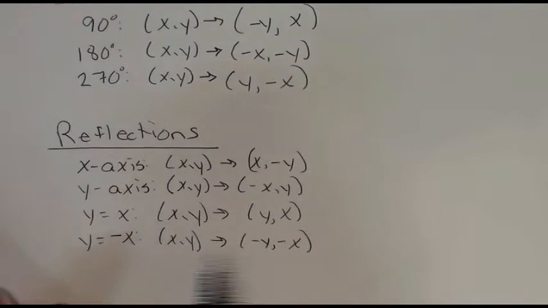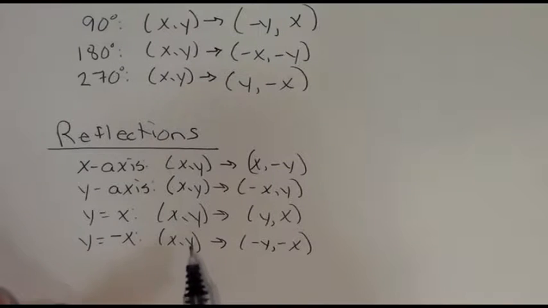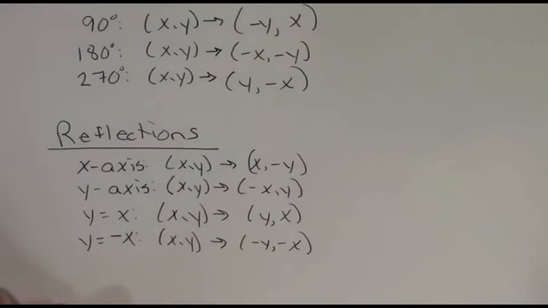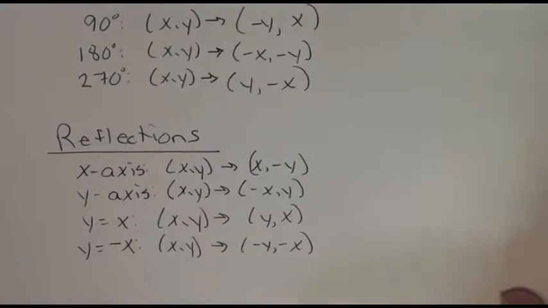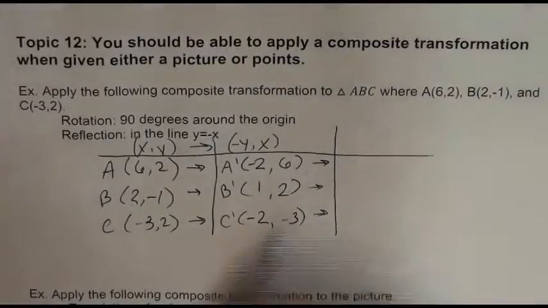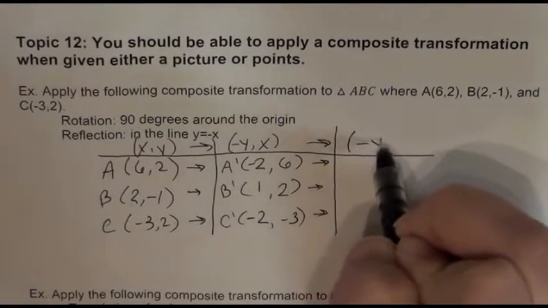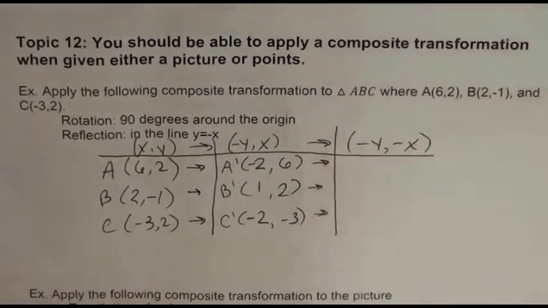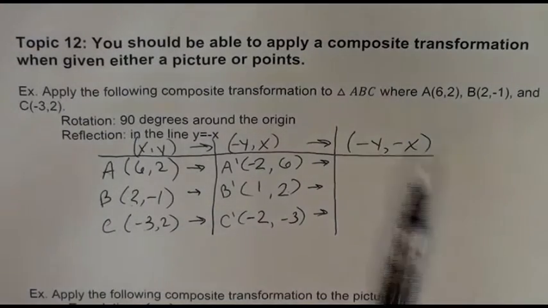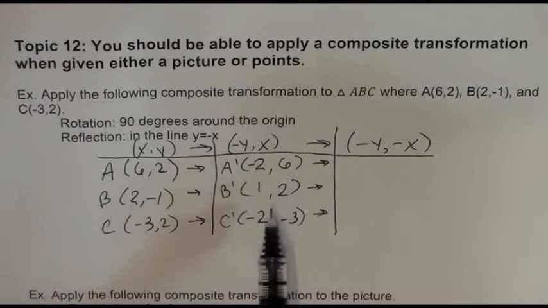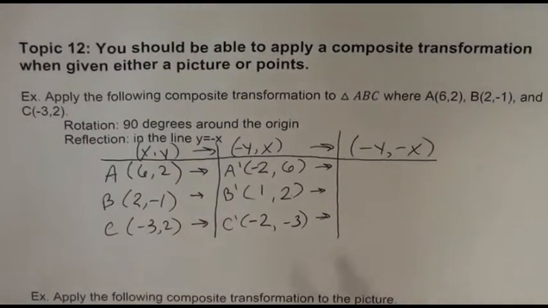So the first number becomes the second number, the second number becomes the first number, and both of them have their signs change. So we take this rule and we write it at the top. (-y, -x) is the rule. Keep in mind, that's not referring to this -y and this x. It's referring to these points here, which are x and y.